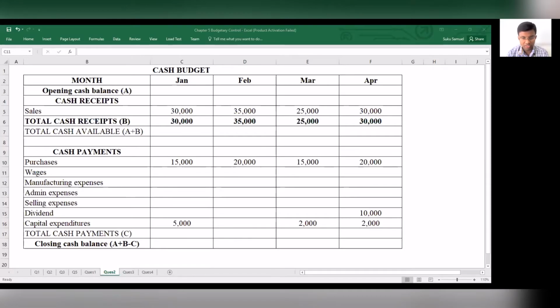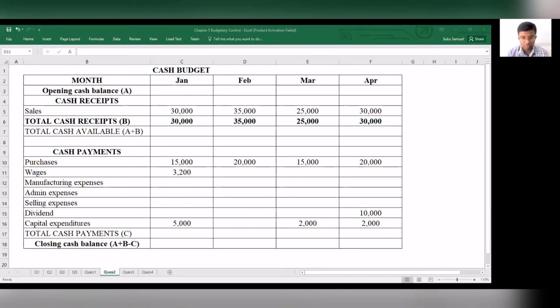Now, what are the other conditions that we have? Wages are paid on the 1st of next month. So with regards to payment of wages, there is a 1 month delay. In the month of January, you would be settling the wages for December.